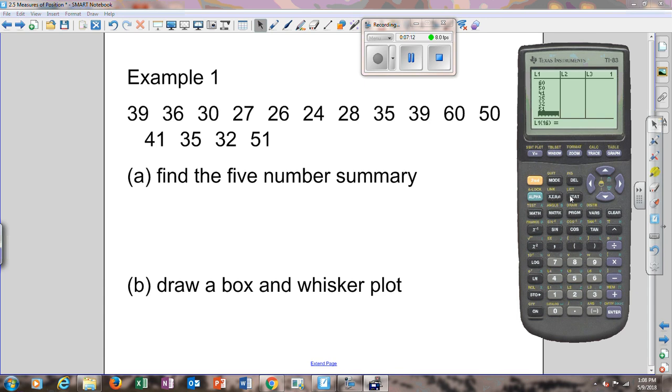Okay, then push stat again, calc, 1-Var Stats, and you just scroll down, and there you have your numbers.